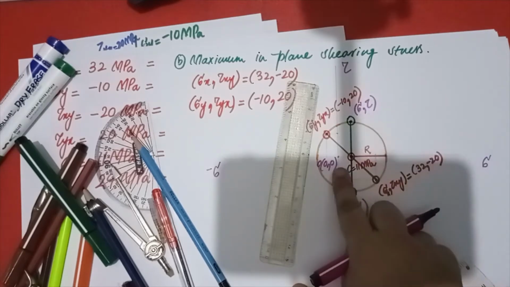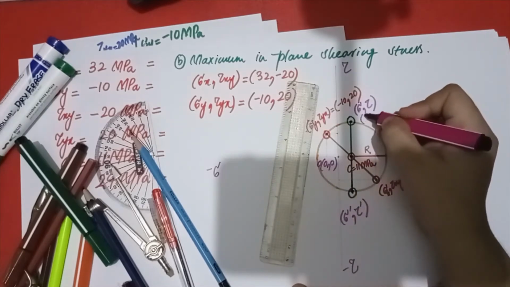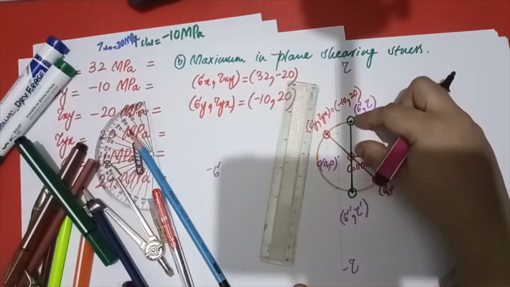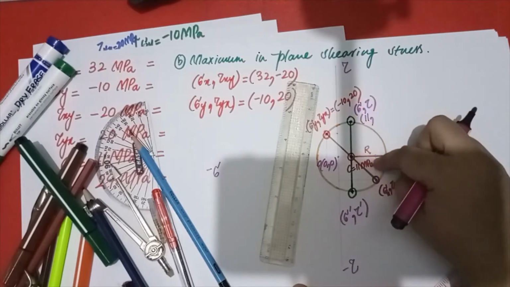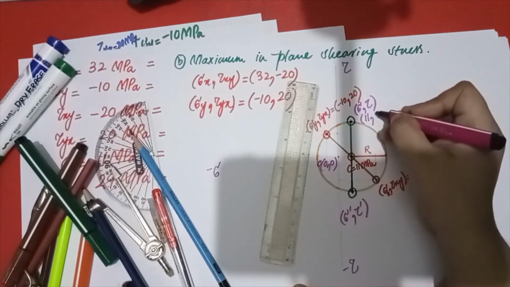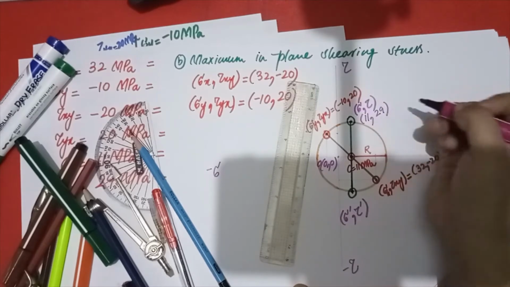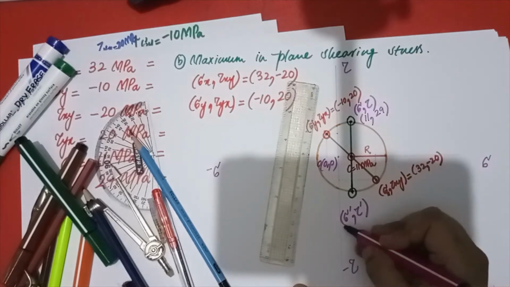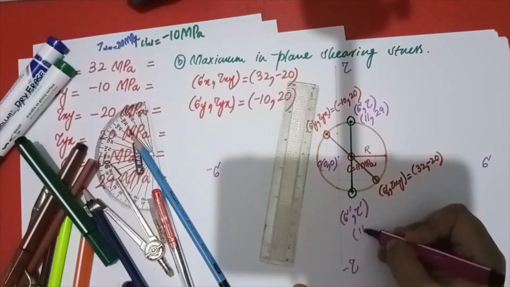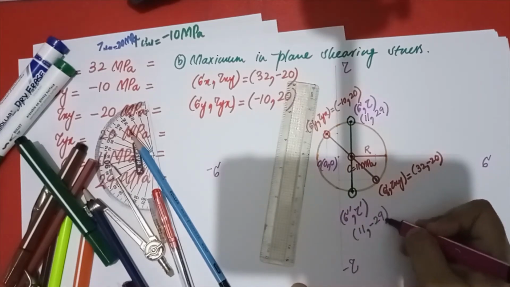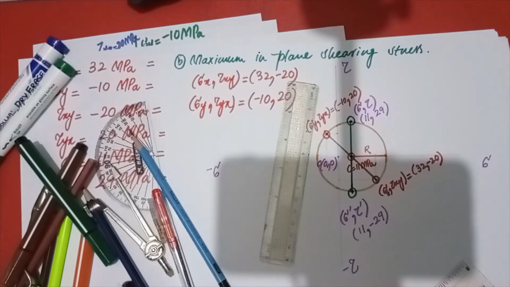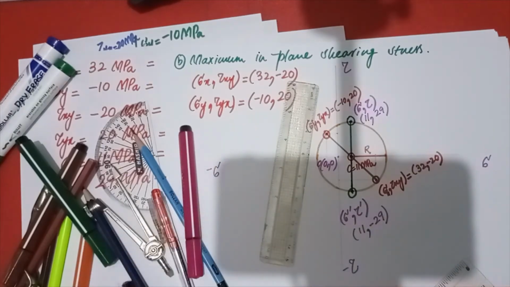So sigma will be C, it should be 11, and this is maximum, and this one is R. So I can write the value of the radius R, and this is 11, on the positive side, 11, minus 29. So this is the maximum shearing stress.